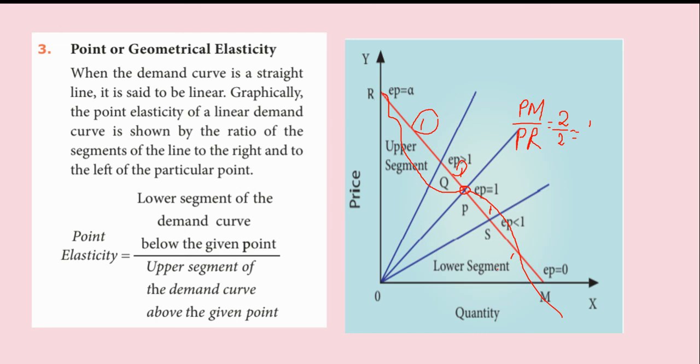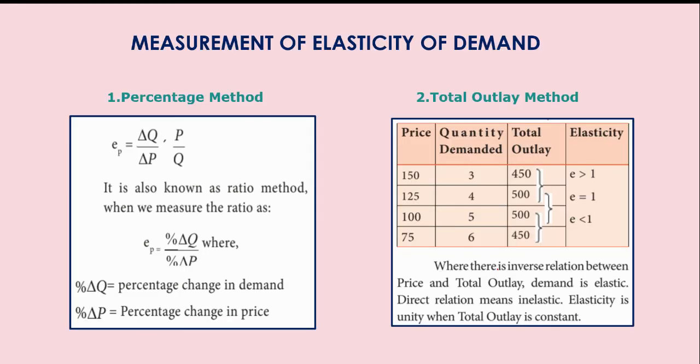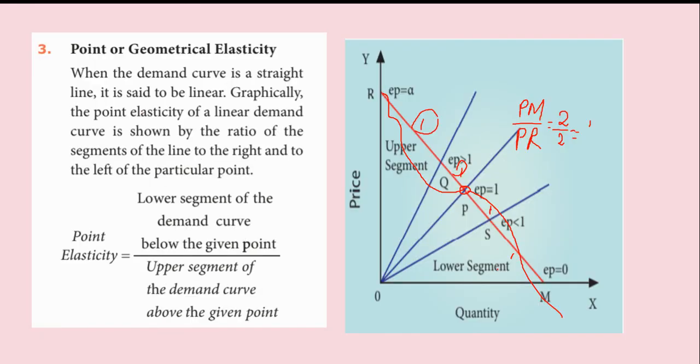So here is a question at the back, page number 52, question number 37. What are the methods of measuring elasticity of demand? If this question is asked, you have to write the 3 methods: percentage method, total outlay method, and point method or geometrical elasticity method.